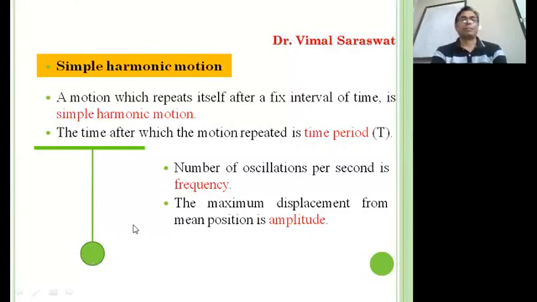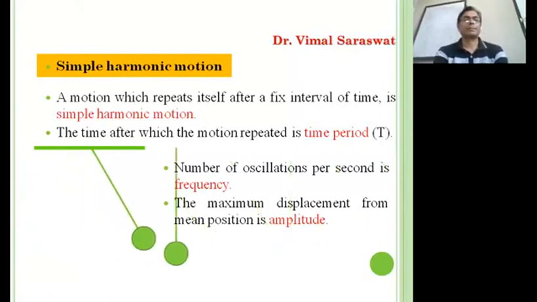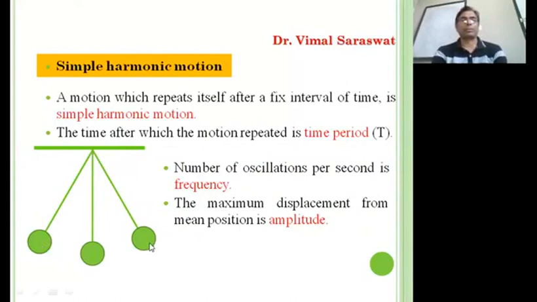It means the particle will oscillate in this range. So this is the position up to which we extend it. This is the way in which it oscillates. These positions are known as extreme positions and this is the mean position about which the particle oscillates.